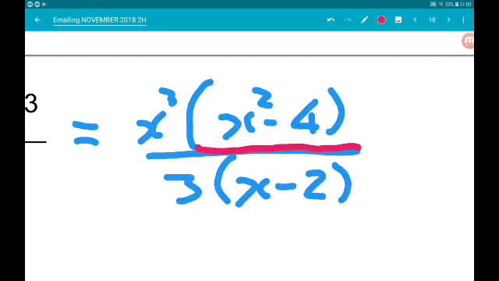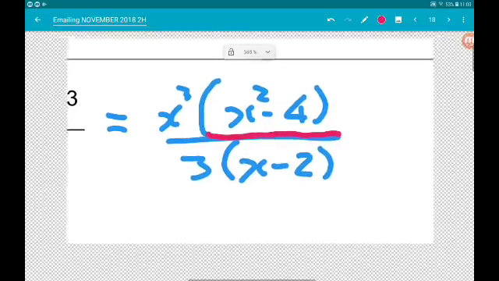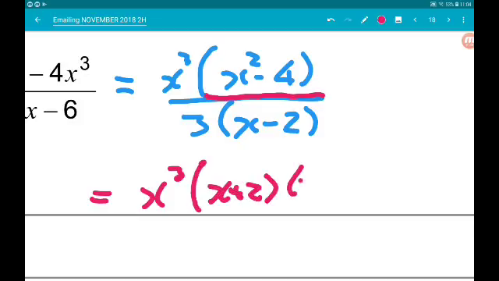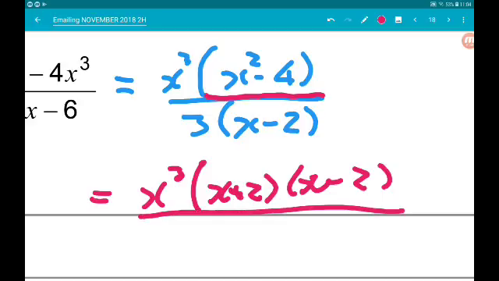It's a difference of 2 squares. Lots more examples in my quadratics playlist down below. So that can factorise further to x cubed times x plus 2 times x minus 2 all over 3 lots x minus 2.